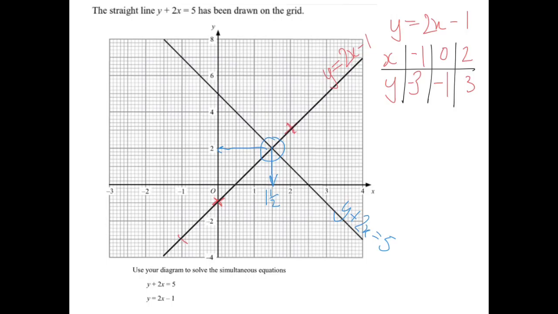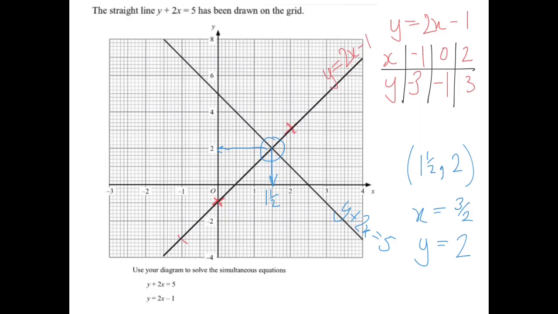So the coordinate of where they cross is 1.5, 2. And so the x value of where they cross is 1.5, or I'm going to say 3 over 2, and the y value of where they cross is 2. And so we've solved those equations simultaneously just by drawing the graphs.